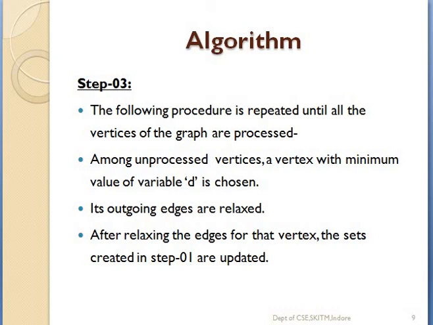After relaxing the edges for that vertex, the sets created in step 1 are updated. So in the algorithm, we follow three steps. First, we form the sets, the visited node set and the unvisited node set. In the second step, we determine the distance to directly connected vertices by setting the positive weight, or if a vertex is far, we represent the distance as infinite.